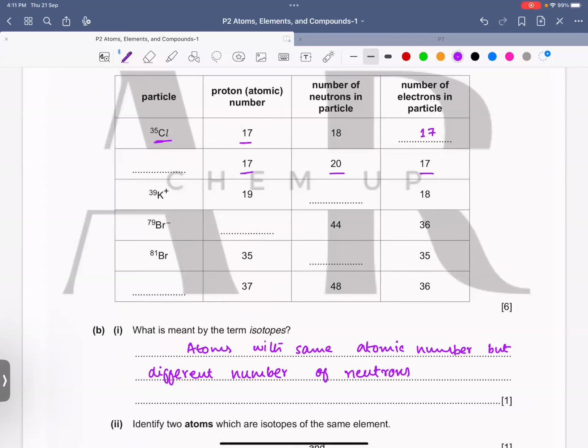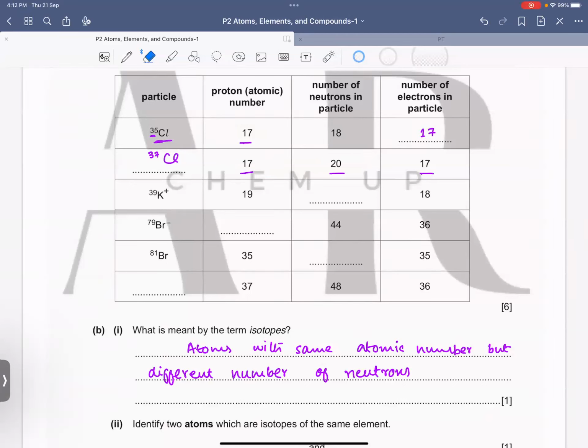The atomic mass will be 37 and the element itself will be chlorine. Very good. Because if its atomic number is 17, then it means it's chlorine. And this value, we got it by adding these two. Is this clear? Yes, the periodic table is provided.